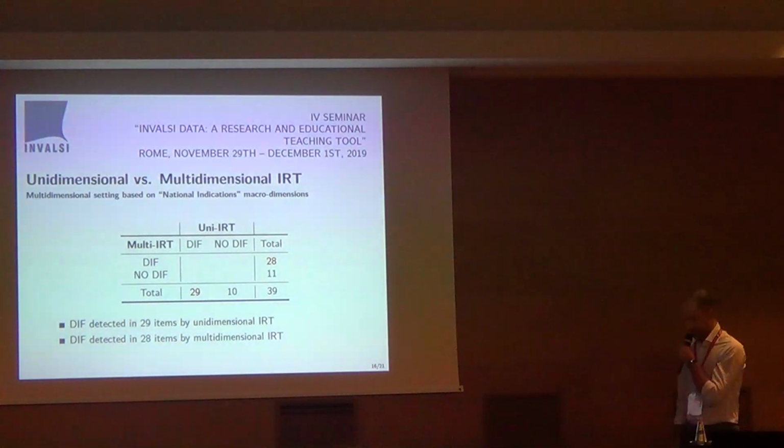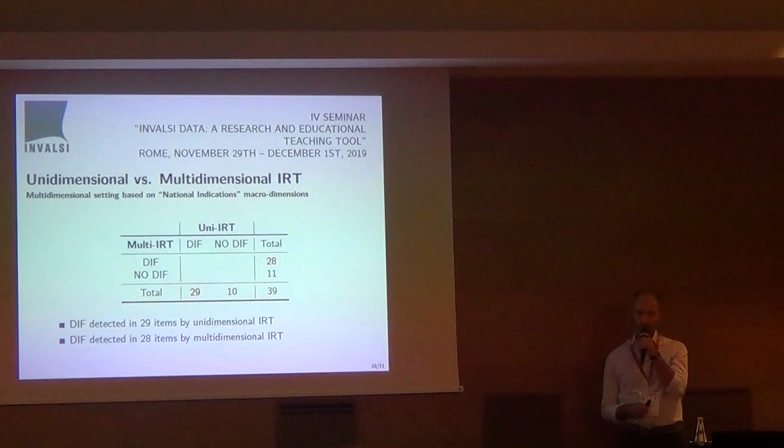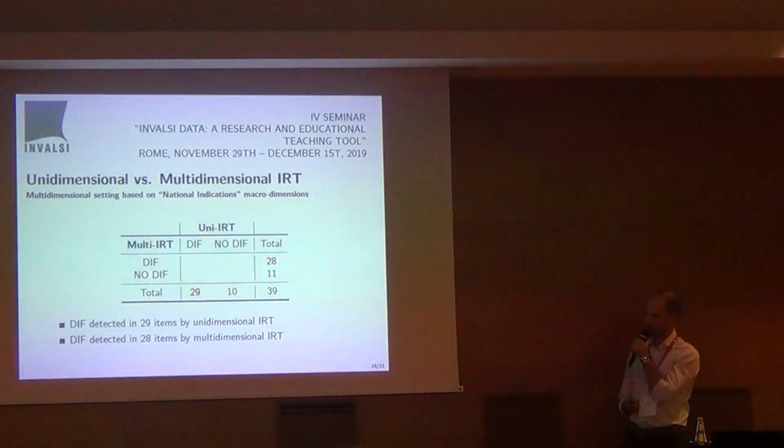And these are the results about the agreement on the DIF detection of the items according to these 2 methods, which are both based on the item response theory framework, but one is multidimensional and one is unidimensional.